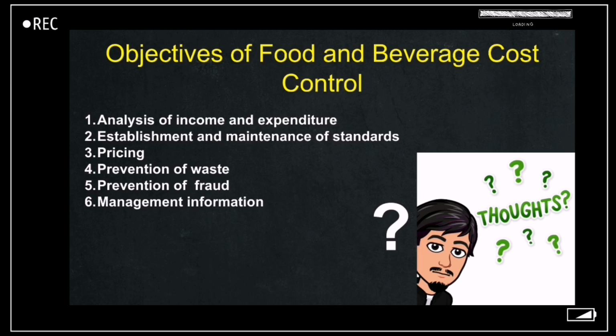Such as revenue analysis, which may include volume of food and beverage sales. So, pag ina-analyze natin si income and expenditure in terms of food and beverage, gaano ba kadami yung naibenta, yung mga sales mixes natin, which food categories yung nakikita natin na nagko-contribute to a large sales?